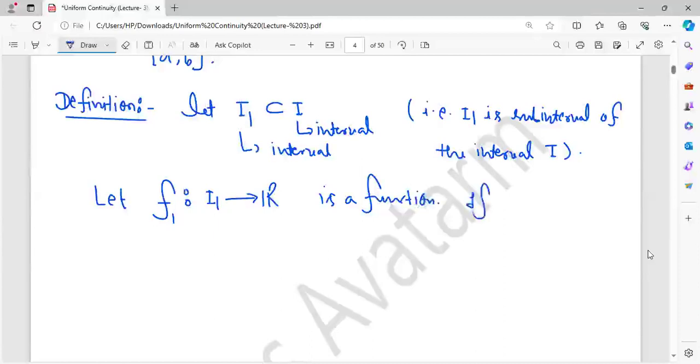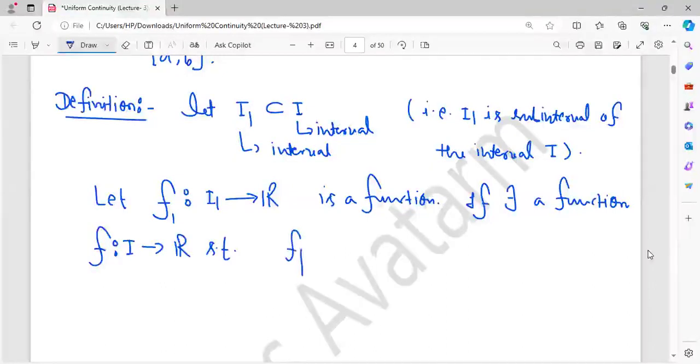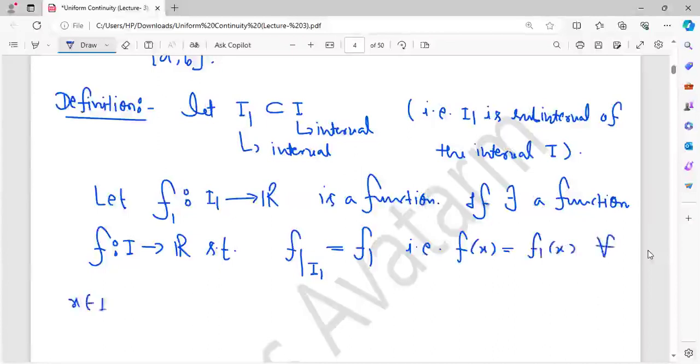If there exists a function f from I to R such that the restriction of f on I1 is nothing but the f1 function, it means f(x) is equal to f1(x) for all x belonging to I1.